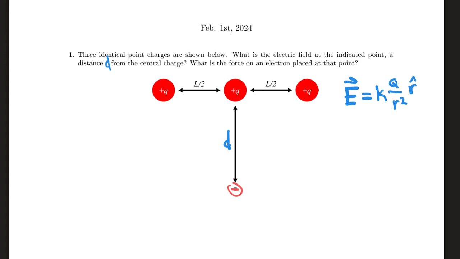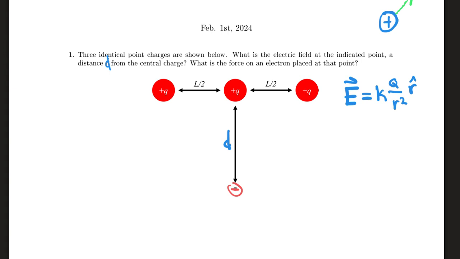This just means, if we have some point charge, I'll just draw a point charge here, and we're considering a point over here, like right up here, then the r hat is saying, draw a line between these two. The r hat is basically a unit vector pointing in that direction right there.